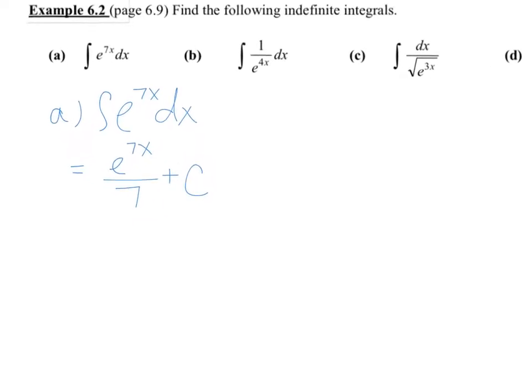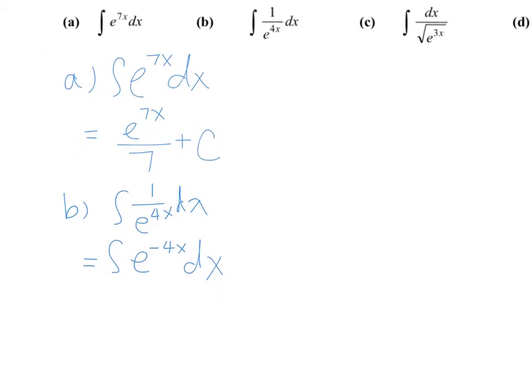And it goes to B. So this one, please be careful that we have the index to be negative 4x because we got 1 over. And then we have negative 4.